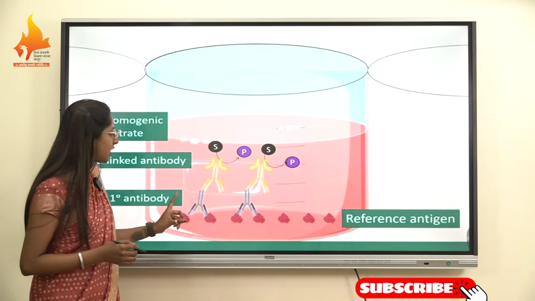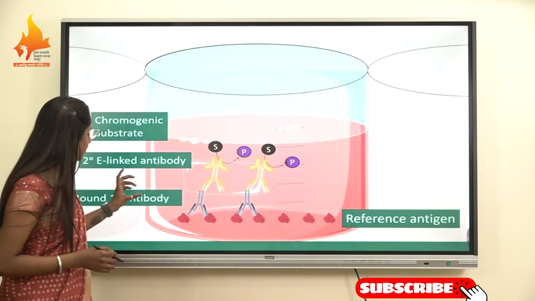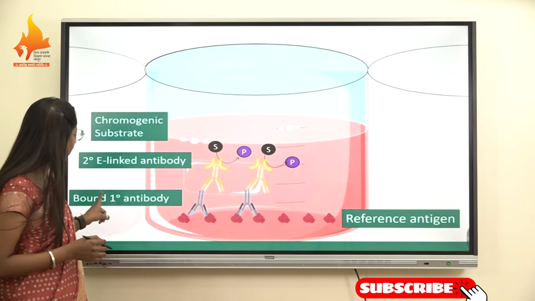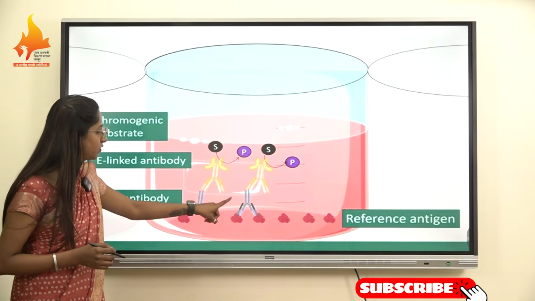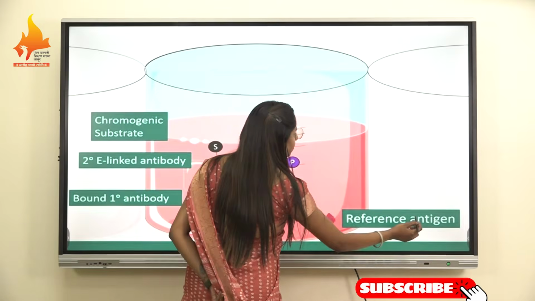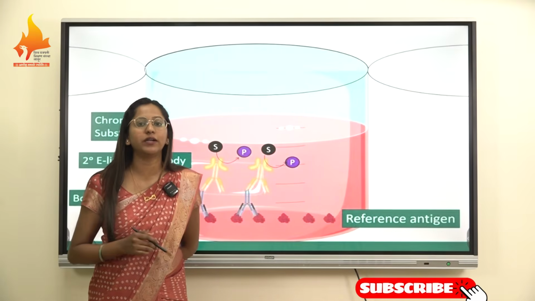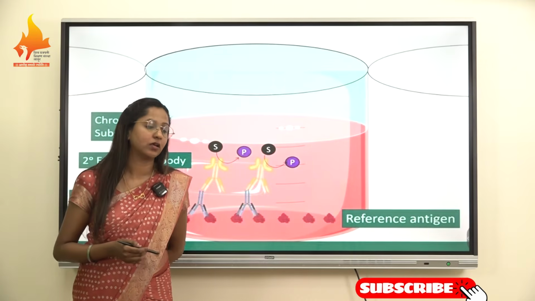So as we have seen already, these are your bound antibodies, right? First of all, you are adding bound primary antibodies which are already bound, and additionally you are also adding in this solution what is termed the reference antigen, or you can also call it the inhibitor antigen, right?